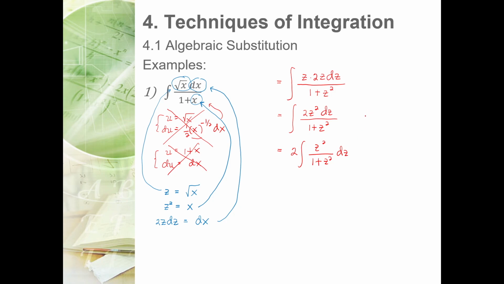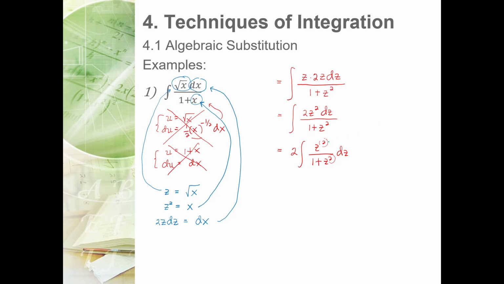So what you need to do next is, since this one has an equal power, this one is squared, this one is squared, that means we can use long division to further simplify this term. So let's try another color so that we can notice the process of division.